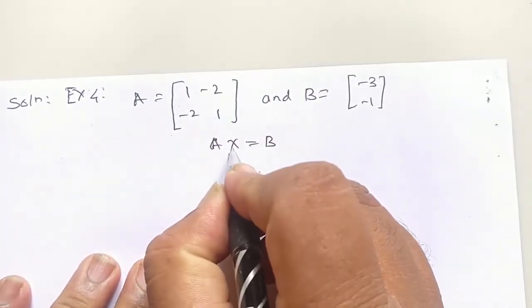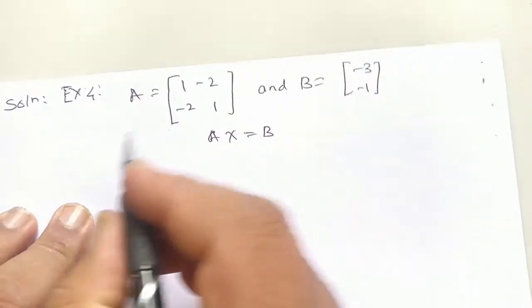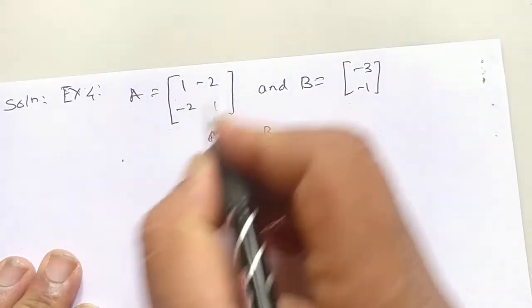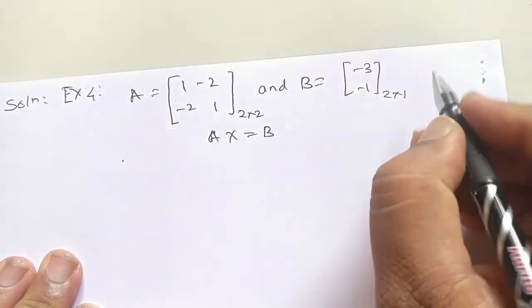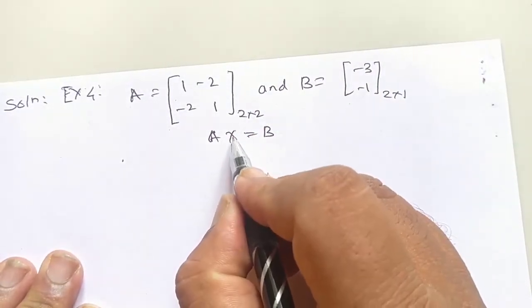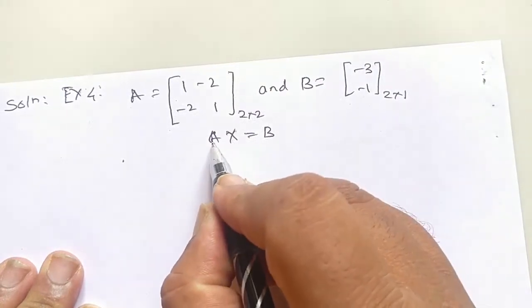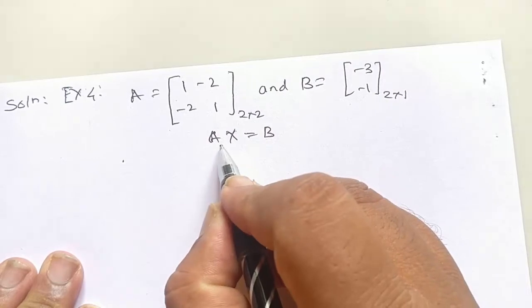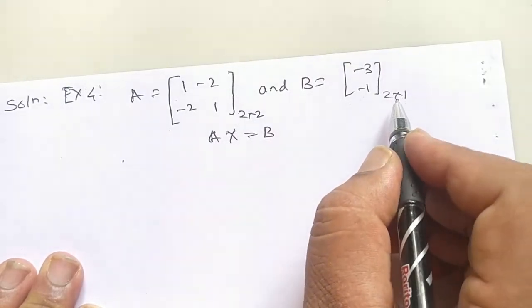We find the value of matrix X such that A is of order 2 into 2 and B is order 2 into 1. Now we choose the order of the matrix X such that the order of the product of these two matrices should get 2 into 1.